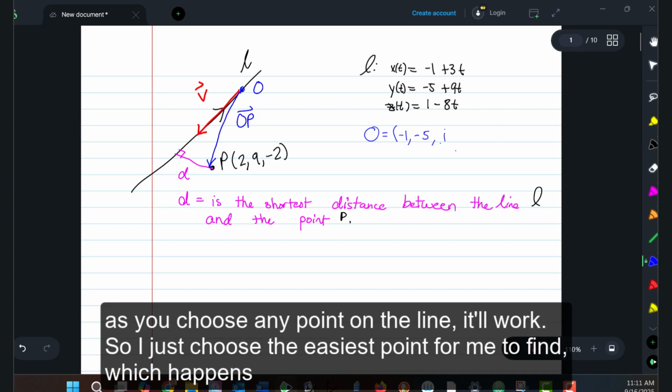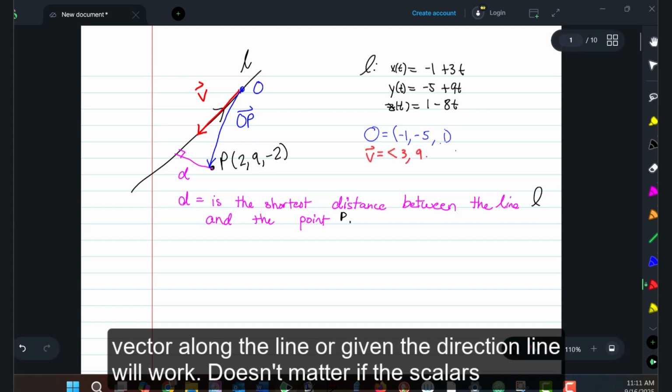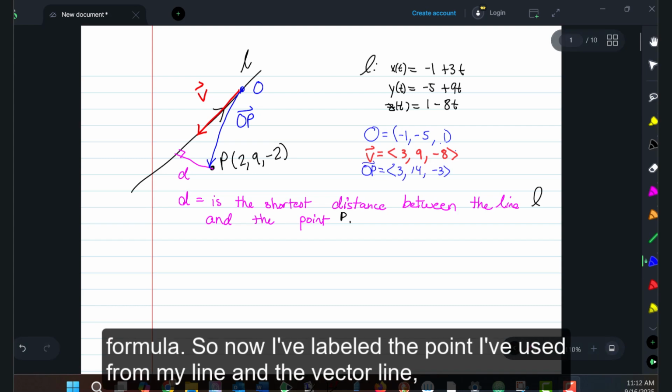So I just choose the easiest point for me to find, which happens to be just from the equation right here of the line. Similarly, any vector along the line or giving the direction of the line will work. It doesn't matter if the scalar is off, or if it's flipped from another possible direction vector, it will still work in the formula.